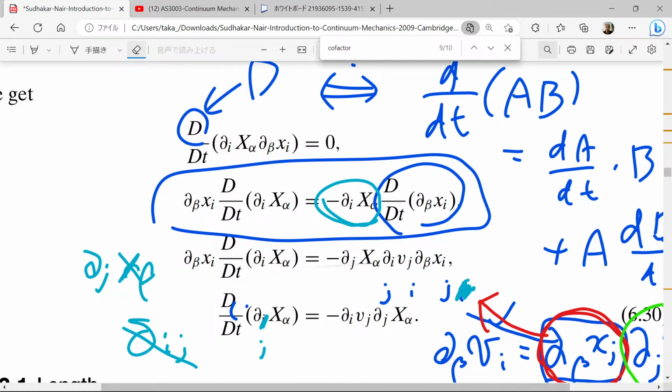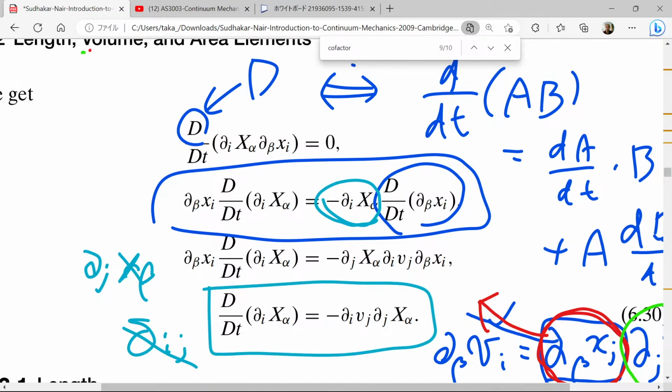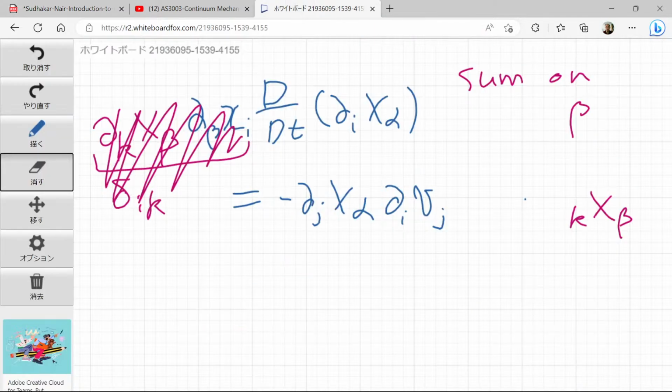Strange. jx alpha. Last one. We look at this last equation. ivj jx alpha. ivj jx alpha. So I got it.